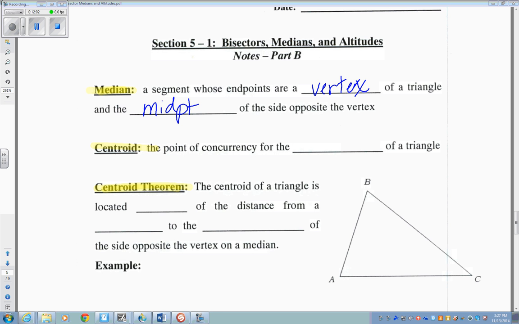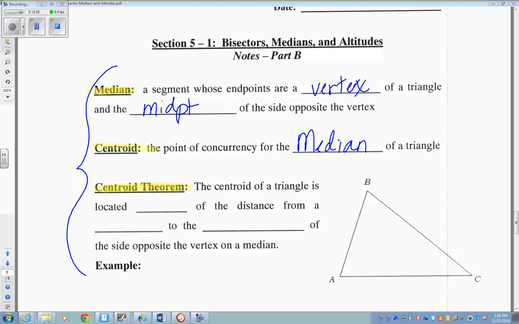The centroid is your point of concurrency for the median. So I'm highlighting these three things because all of these go together. If I have a median, then all three medians form the centroid, and then the centroid has a theorem to go with it. Are we okay on that part?